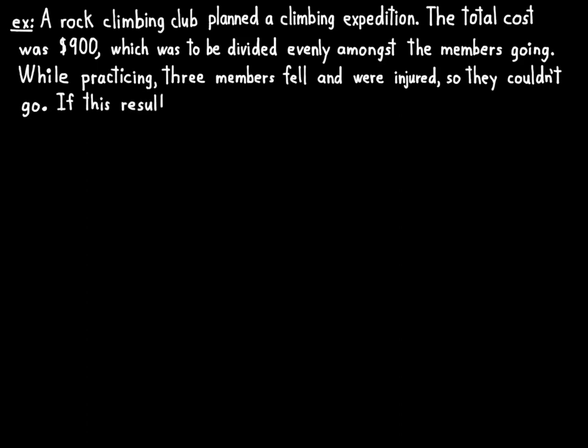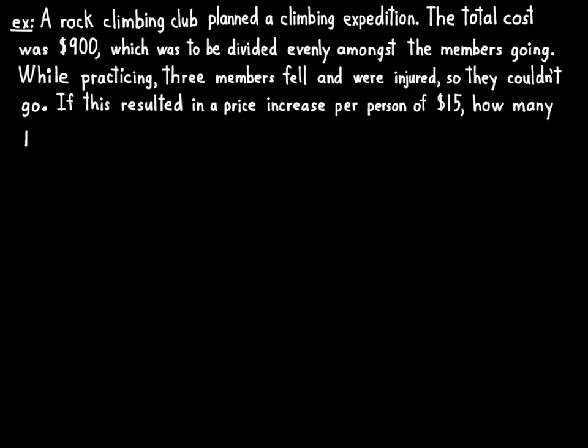But here, it's 3 members that fell and are injured and can't go. Okay? If this resulted in a price increase per person of $15, how many people went on the expedition? So the cost is $900 regardless.